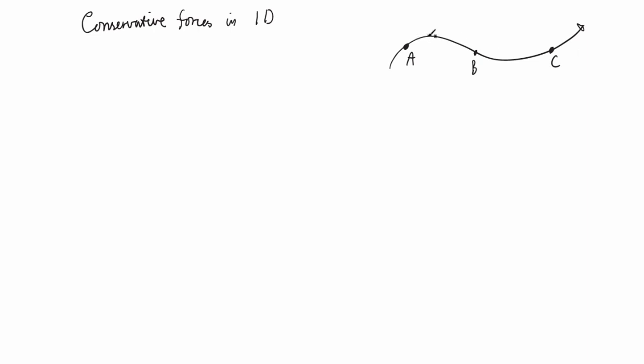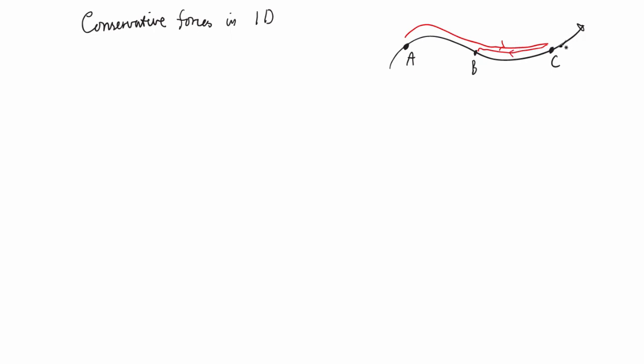And let's say that what we really want to do here is calculate the motion starting at A, going all the way to C, and then back again to B. Okay, so that's one possible path in one dimension.